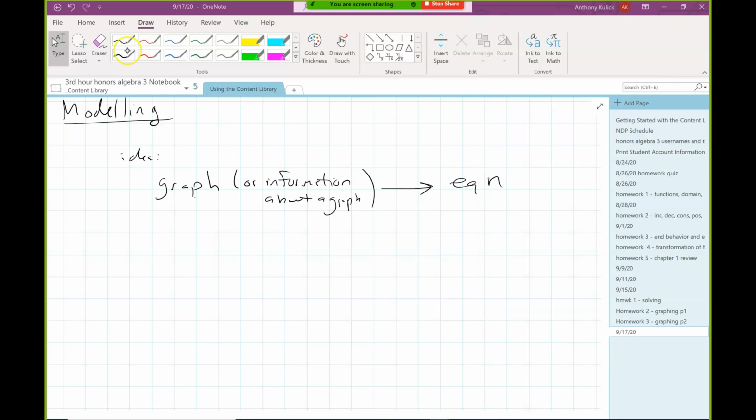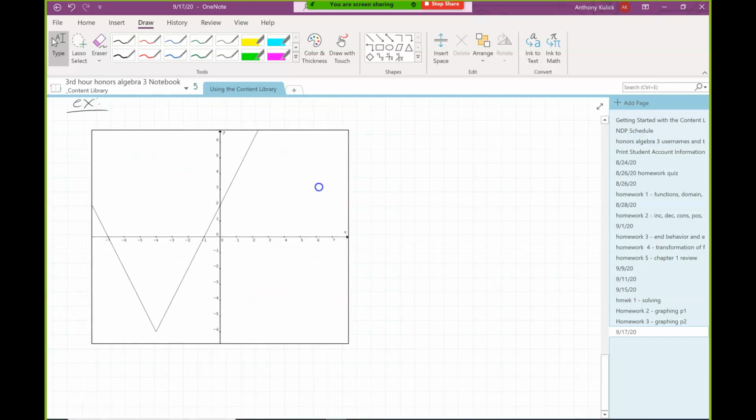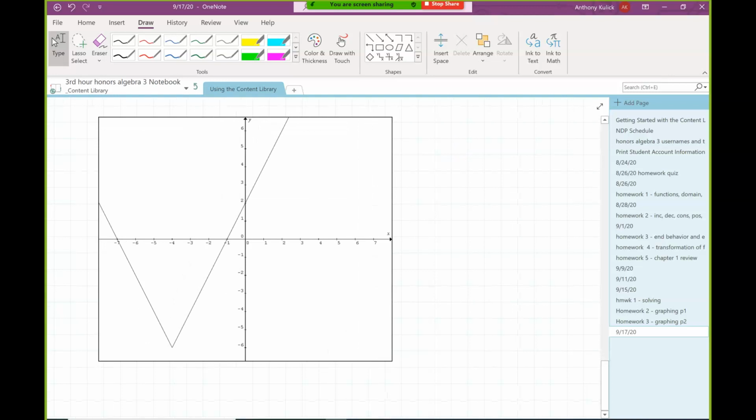So let's do an example and kind of talk through how to do this. Let's say we're given this graph, and we're asked to write the absolute value function that represents this graph. Okay with this plan?